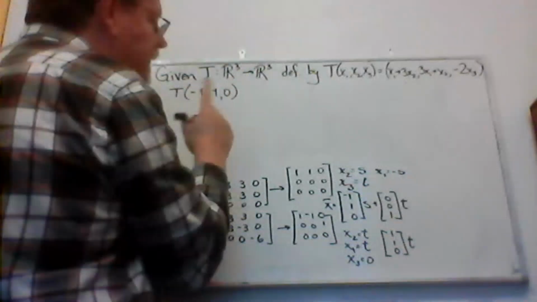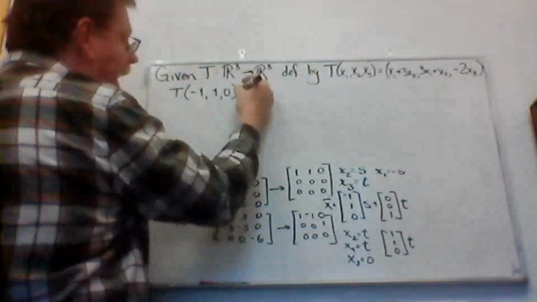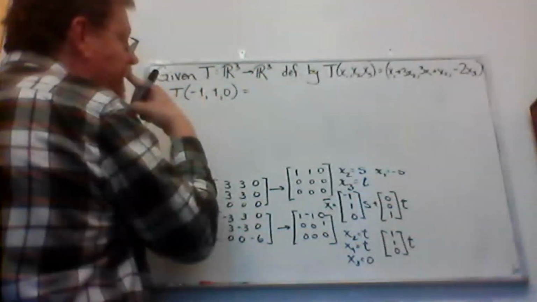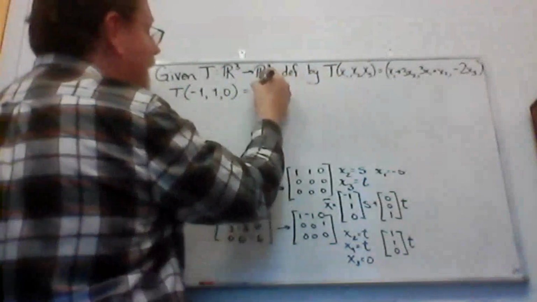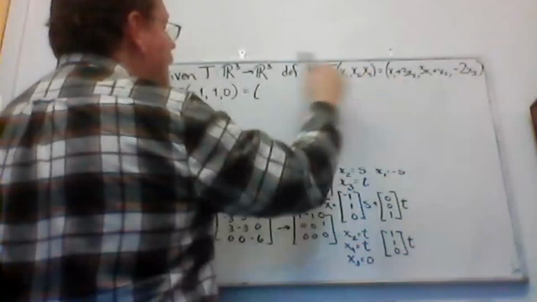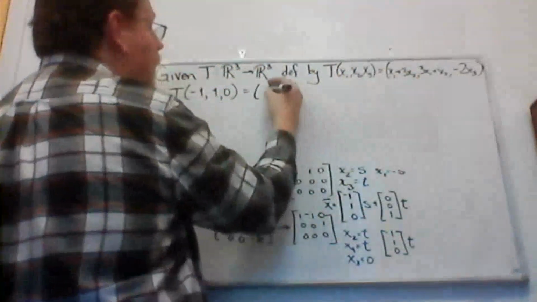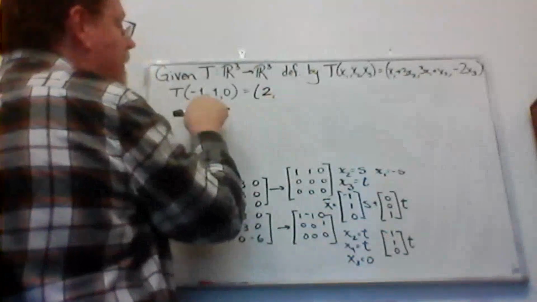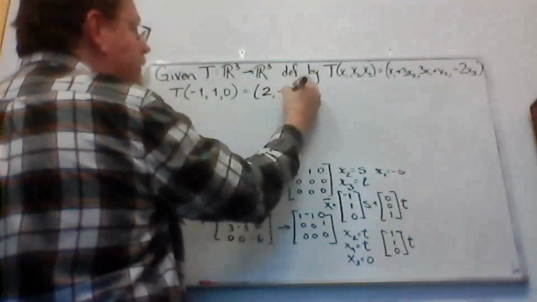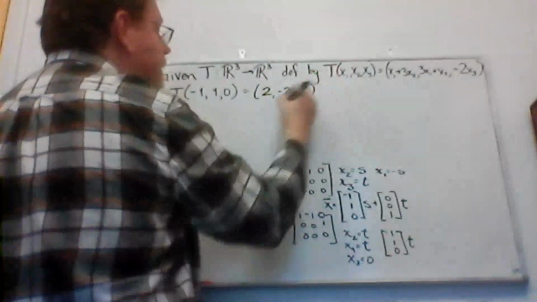Where does -1, 1, 0 get taken? Easier said than done. So this goes to -1 plus 3 times 1. So that's going to be 2. Then -3 plus 1. So that's a -2. And then over here, I got just 0.